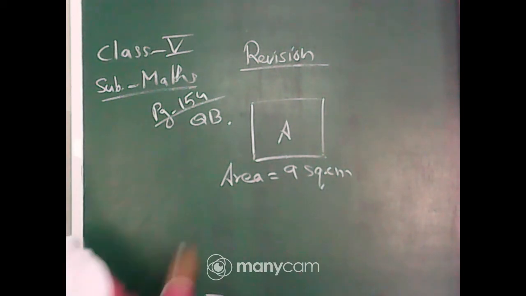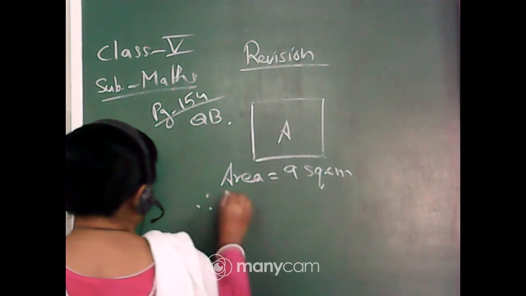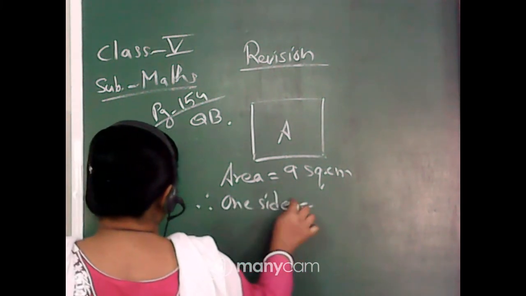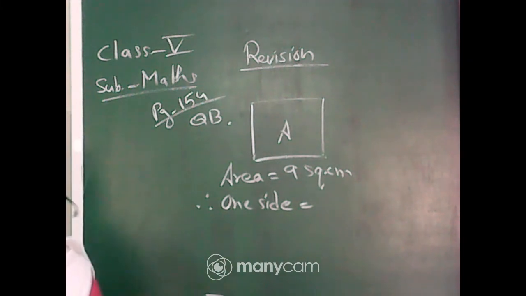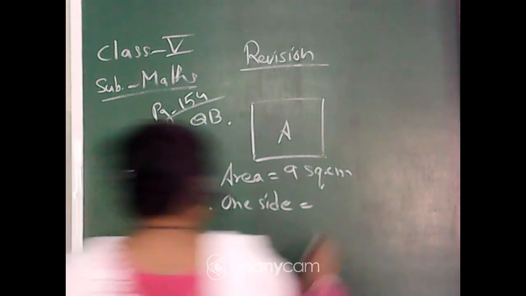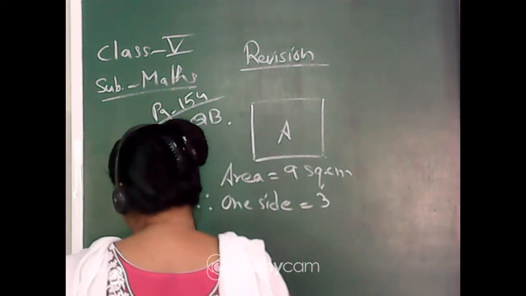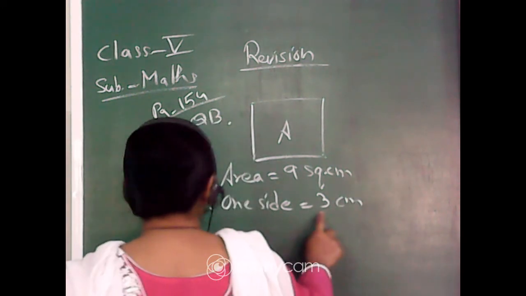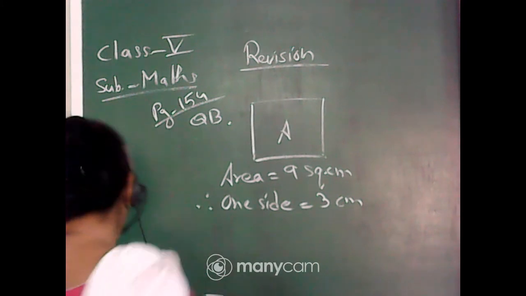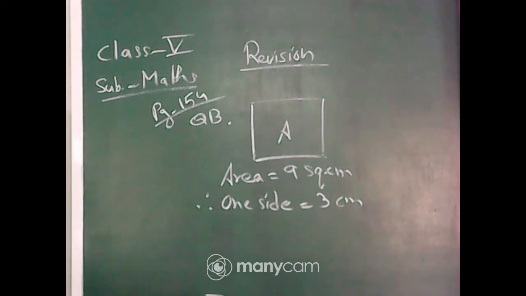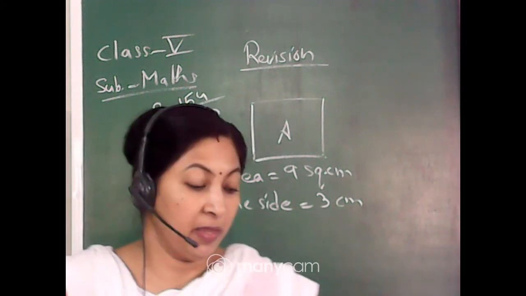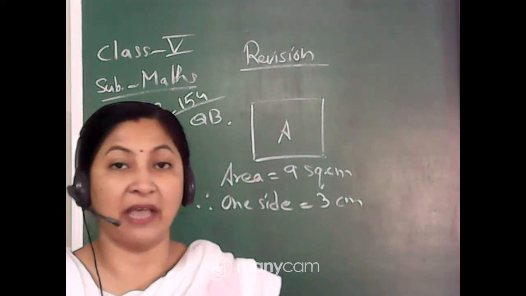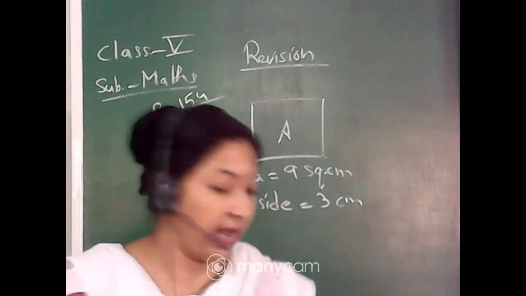So the side will be 3, isn't it? It will be 3 centimeter. Now with the help of this 3 centimeter, you have to make the second square, that is square B, but its side will be double.